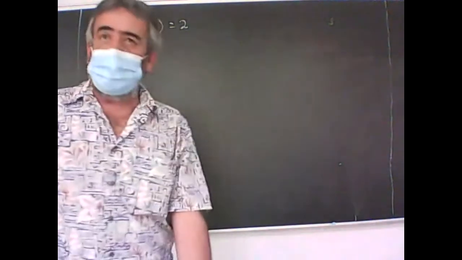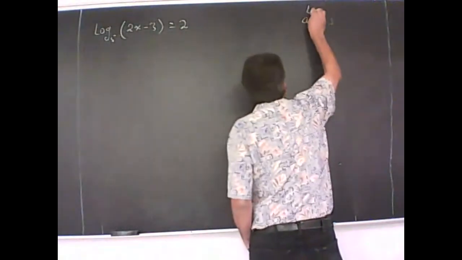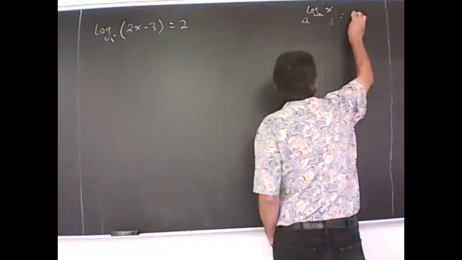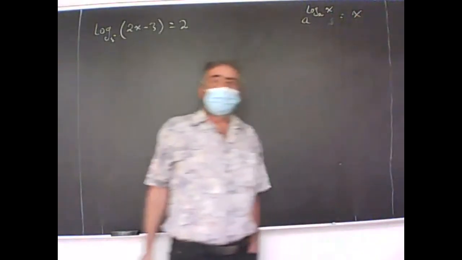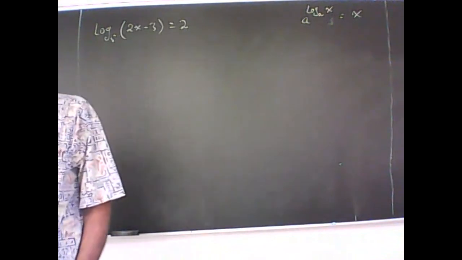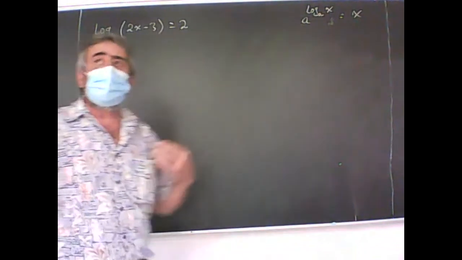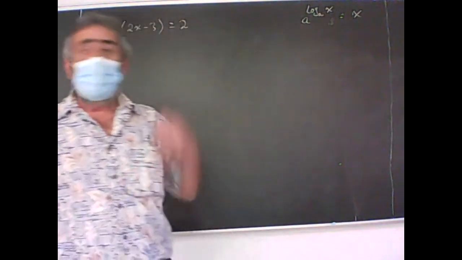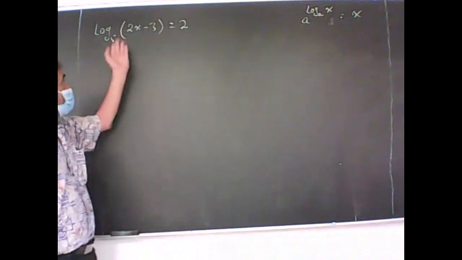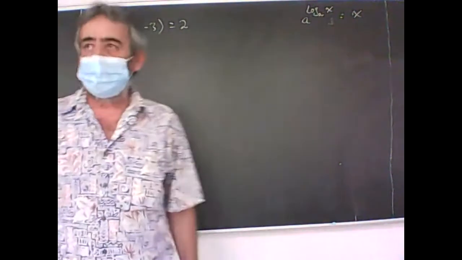We have a property in logarithm that says log base a of a to the x equals x. Remember that? This is one of the properties that we have. Last time we said if we want to solve a logarithmic equation, if we have a log equal to log, I can just take the arguments and set them equal to each other.